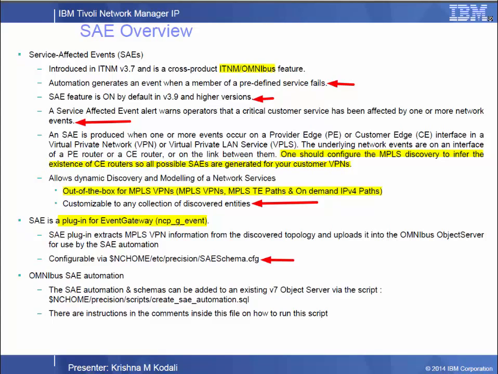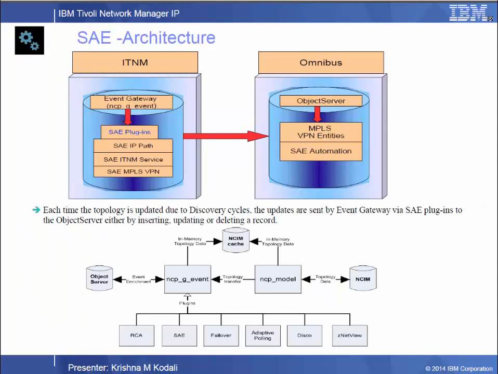On the Omnibus end, you need to ensure that you have the automations and schemas added to your object server, and the details are in the script on how to run the script and how to add this automation and so forth.